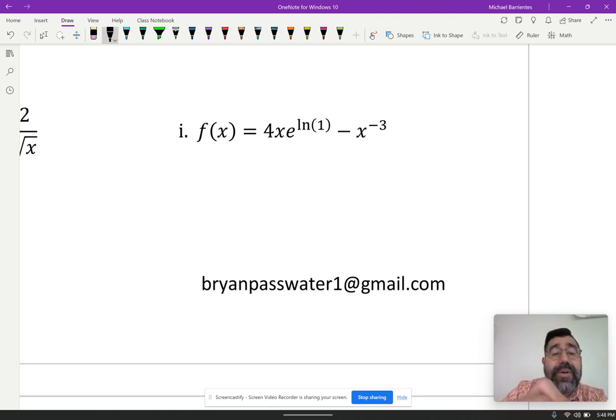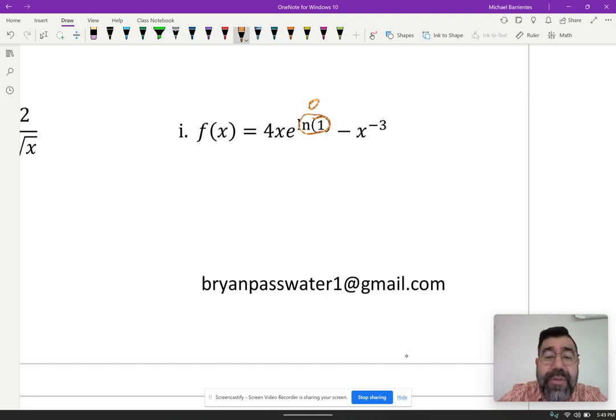You might remember, this is one of those values you need to know from Algebra 2, pre-cal, that the natural log of 1 is 0. And e to the 0, any number to the 0, is 1.